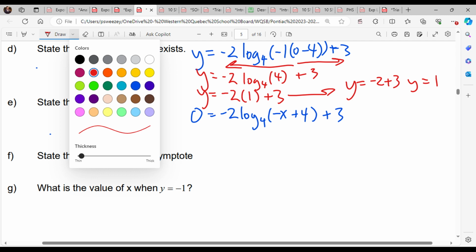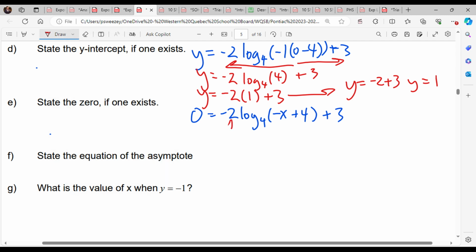These guys here, I would then suggest you are going to work your way basically outside into that x value, and your priority is get rid of that guy there. So essentially you're going to bring the 3 over and then you'll divide by -2. So that should be pretty simple.